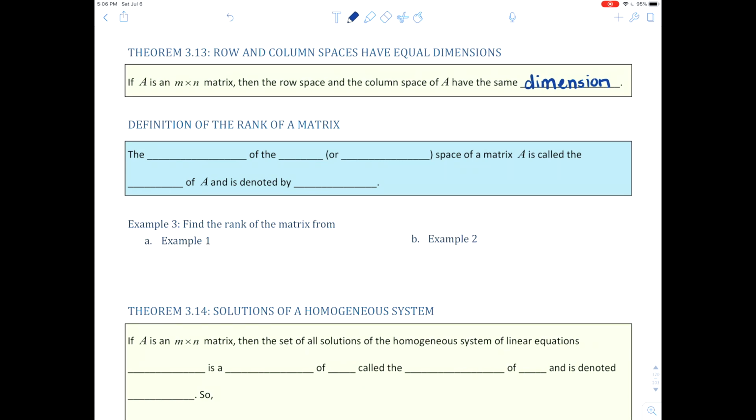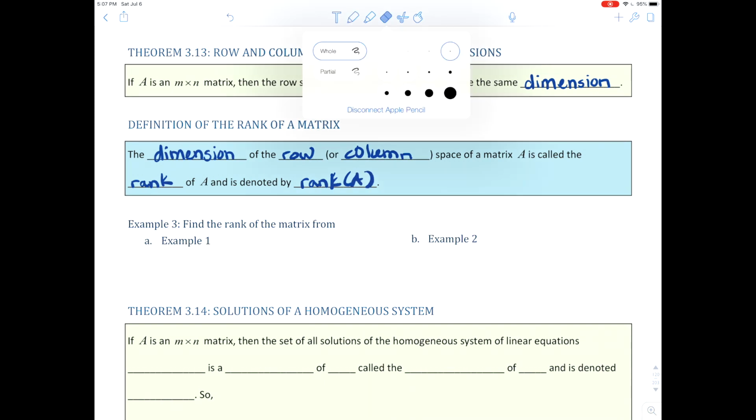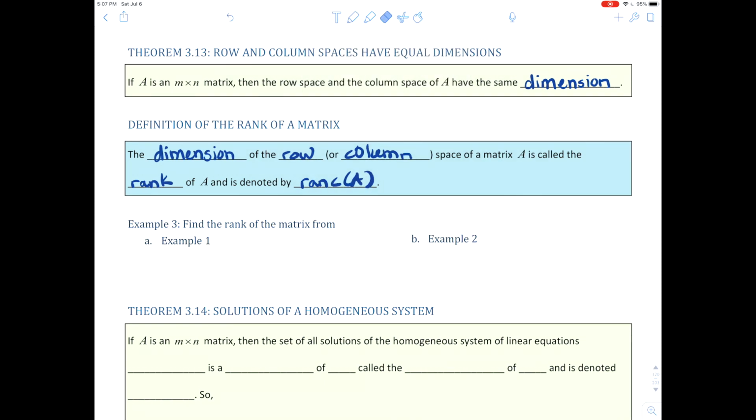Now, the definition of the rank of a matrix: the dimension of the row or column space, because they have the same dimension, of a matrix A is called the rank of A, and is denoted by just rank of A. Okay?